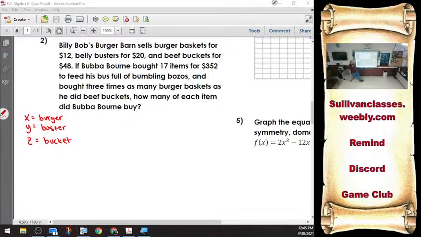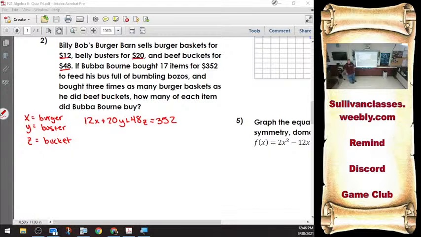Next up, totals. Do I see any totals in there? I see 352, yep. Now that's $352. All of the rates. So we're going to have 12x plus 20y plus 48z.